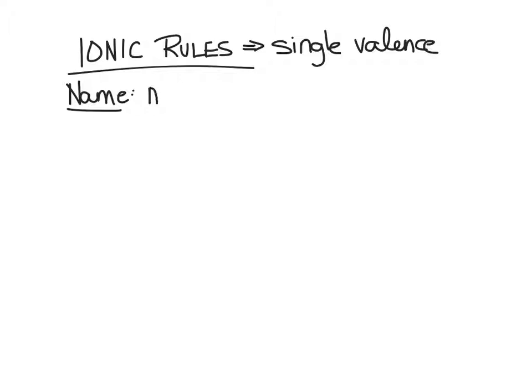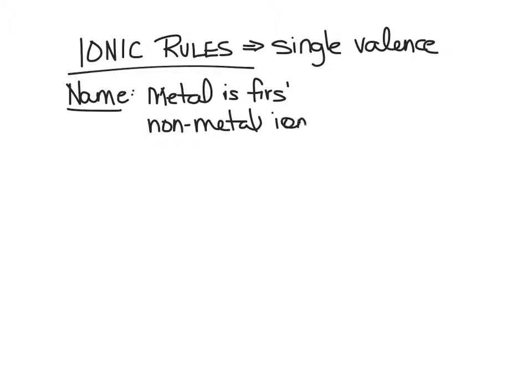The metal goes first, then the non-metal ion is second. So that's the first one when you name it. Okay? The second part of that is the metal name stays the same.